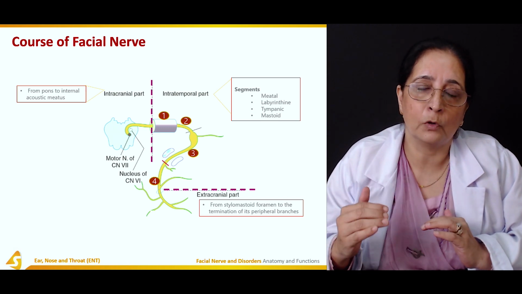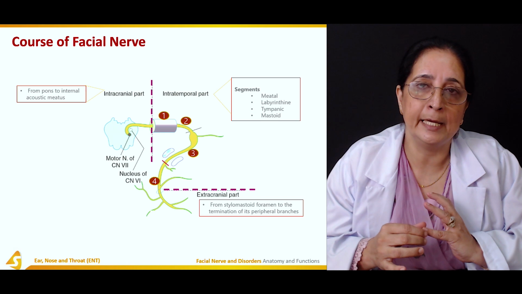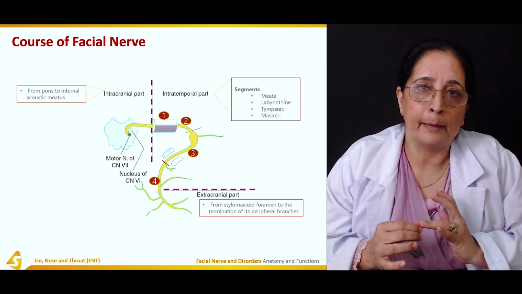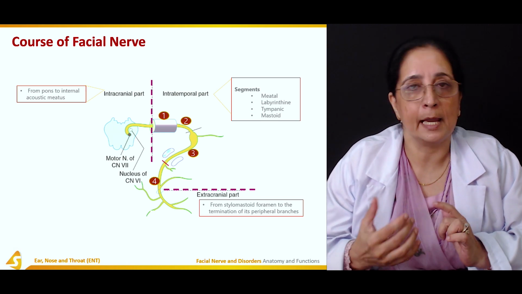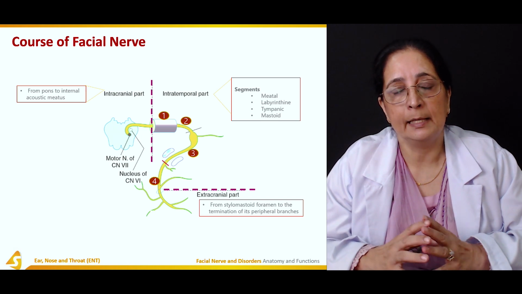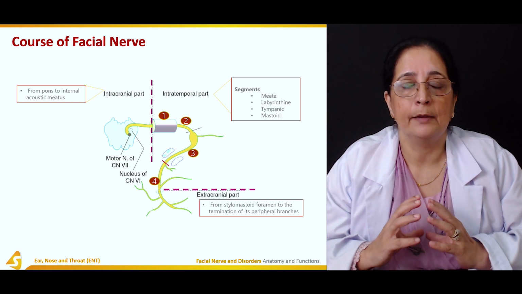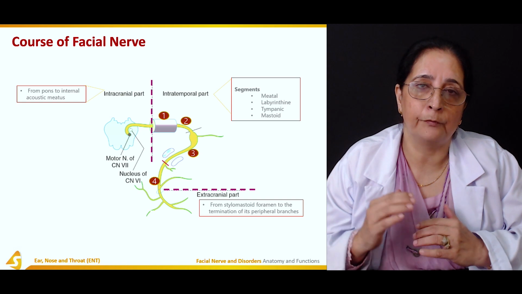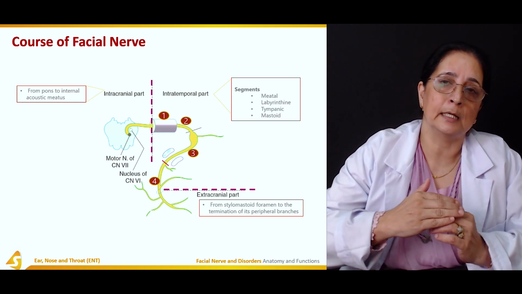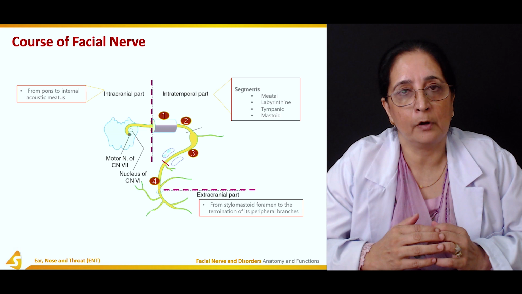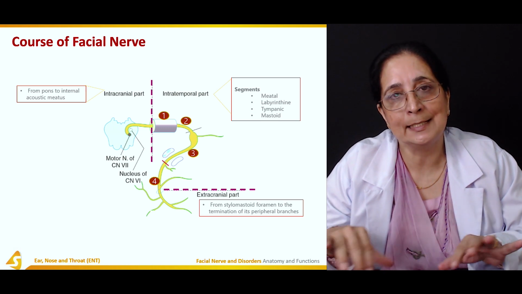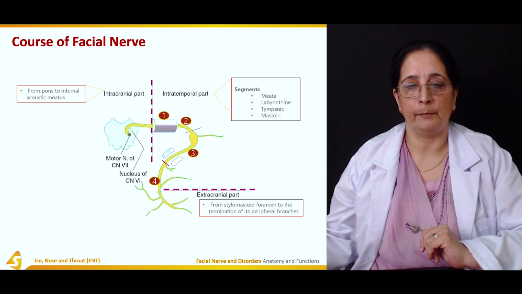Intratemporal has 4 components. We have meatal, labyrinthine, tympanic, and mastoid. And then extracranial, when it comes out of the stylomastoid foramen and reaches until it divides into peripheral branches.